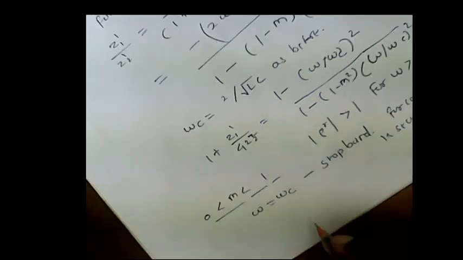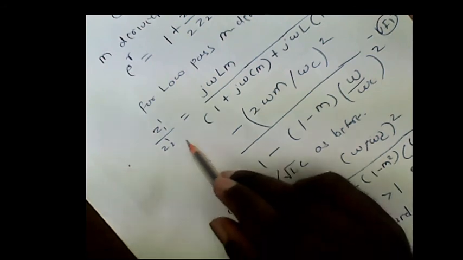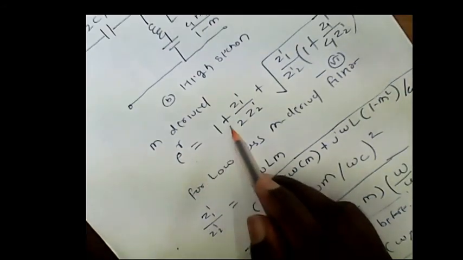Omega greater than omega c is the stop band, and this is for the constant K section. When the frequency goes to infinity, these terms go to 0, which means the propagation goes to infinity.